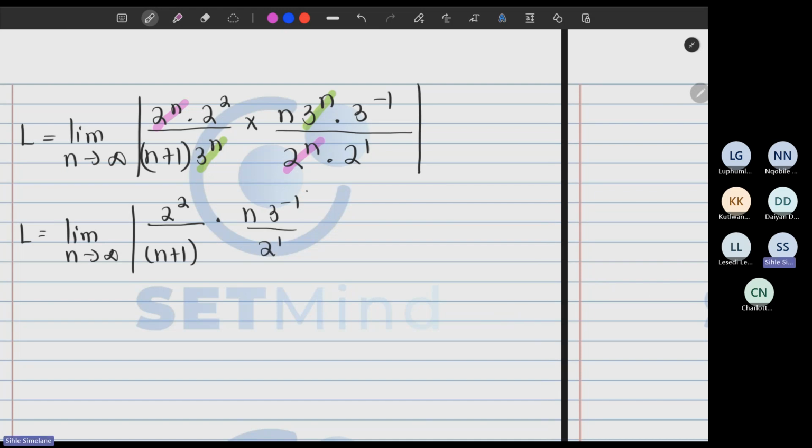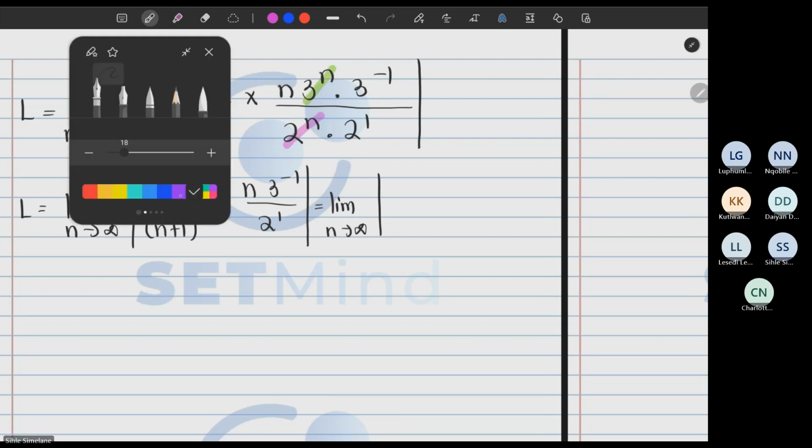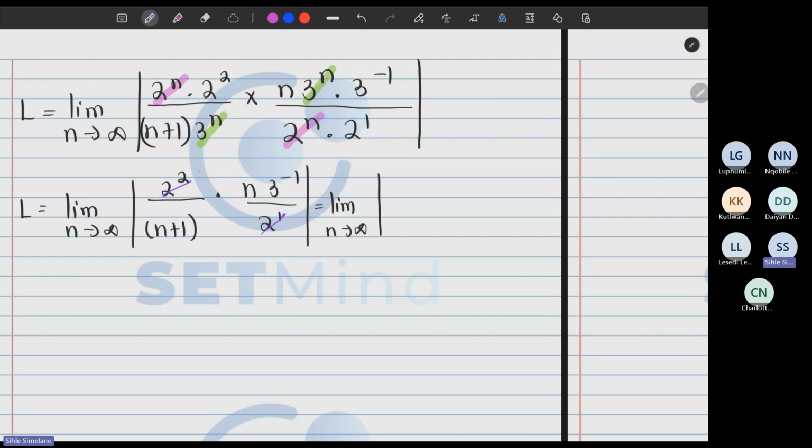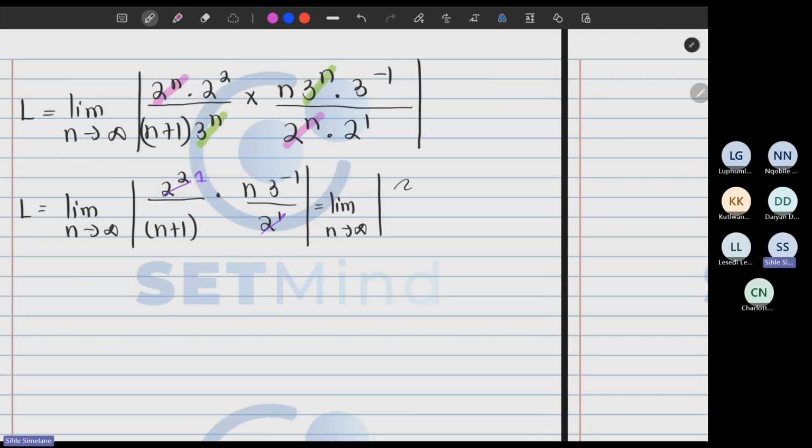I can simplify these a bit, collecting those numbers and factoring them out. One of the 2s cancels, leaving 2 to the 1. So we have 2 multiplied by 3 to the negative 1, which just becomes 2 over 3, multiplied by n over n plus 1.